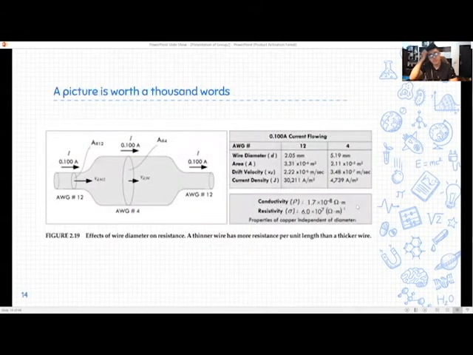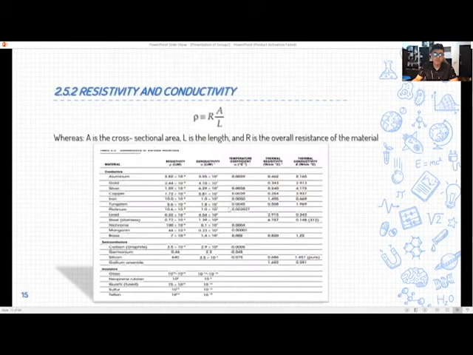And here is the picture, which is worth 1,000 words. See the resistivity of many materials, and that is the formula that I mentioned before.